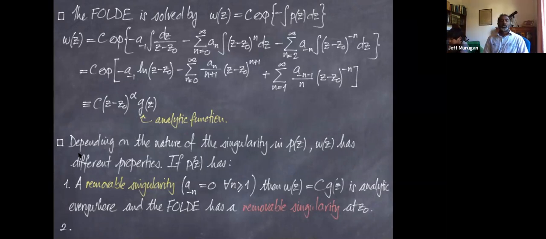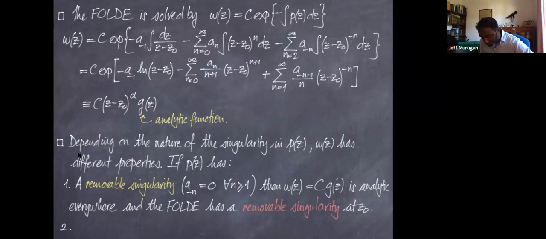Next, we come to the case that Justin and Warren identified, which is what happens if P of Z has a pole. So when P of Z has a pole, there are two types of poles we can encounter. One is a simple pole, and the other one is a pole of higher order. So let's start with the simple pole.